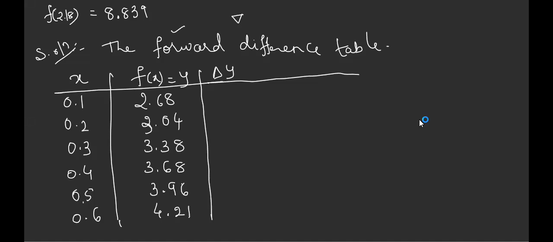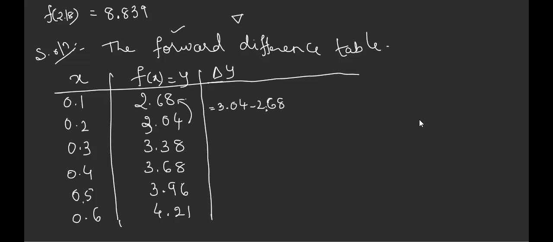Now how to take it? Same way. Do you remember how we have taken? Next value minus that. Here also the same way. That means 3.04 minus 2.68. Only notation-wise it is a little different. I'll better write it over here.